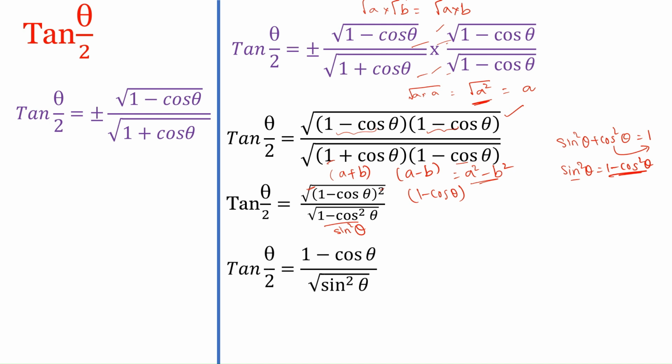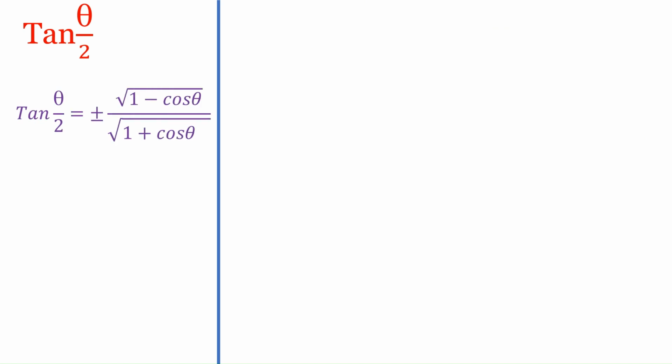So this will get modified like this. Okay, for the numerator, we have just cancelled out the root and square, and then the numerator and denominator sin square theta. Again, the root and square, because of that, we will have only sin theta in the denominator. This is the second formula for tan theta by 2, which is equal to 1 minus cos theta divided by sin theta. Now we have got two formulas here.